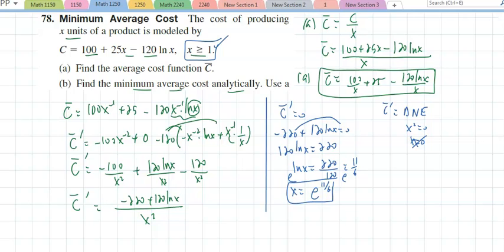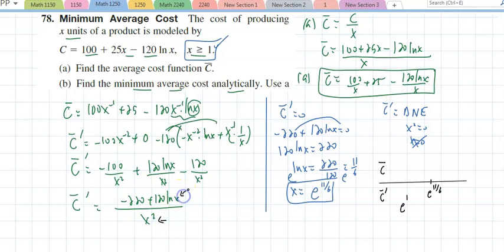Now my testing, that's fairly simple. Since 11 over 6 is a number that is bigger than 1, if I take e to the 1 as a test point, that's less than that, because this is bigger than 1. The denominator is always positive.